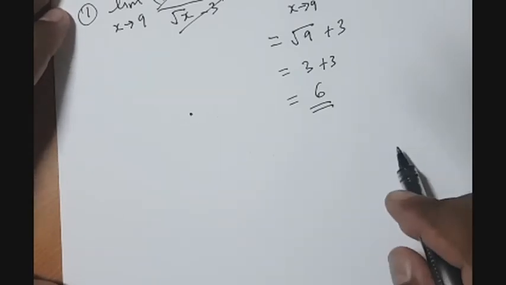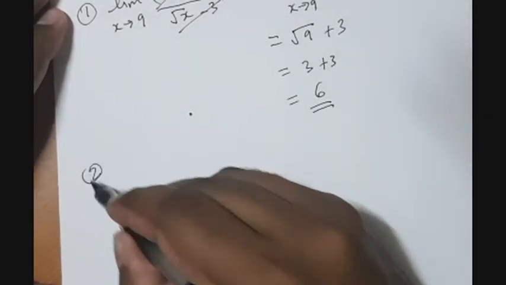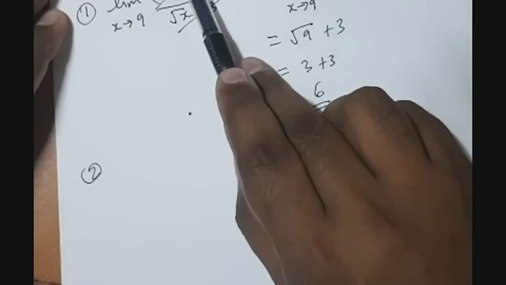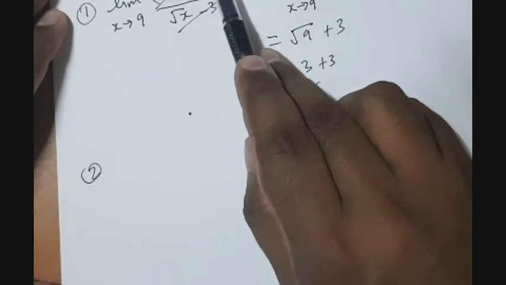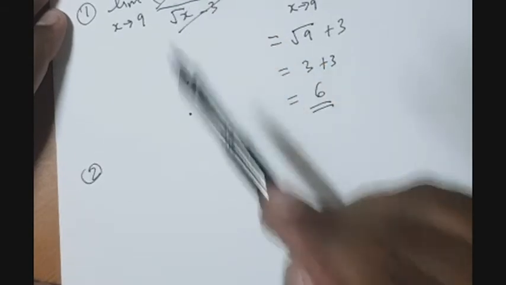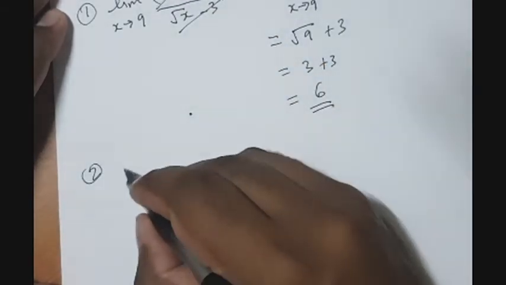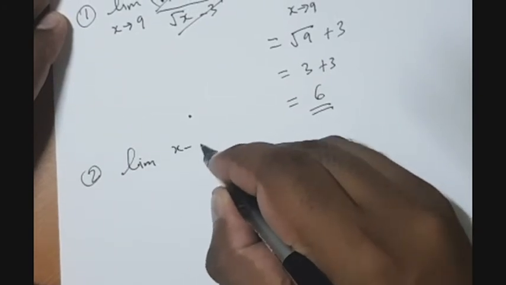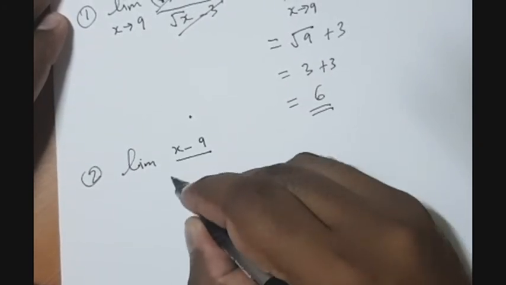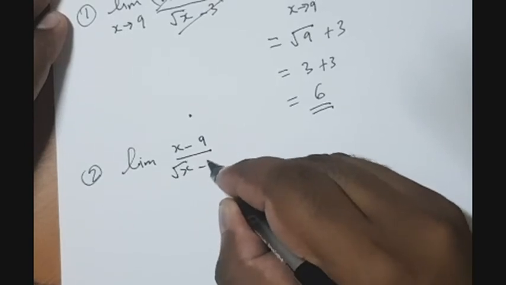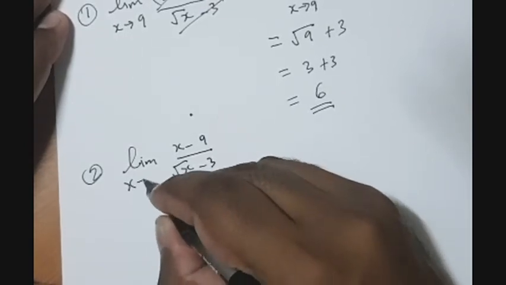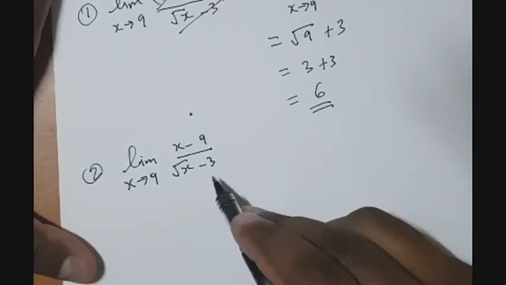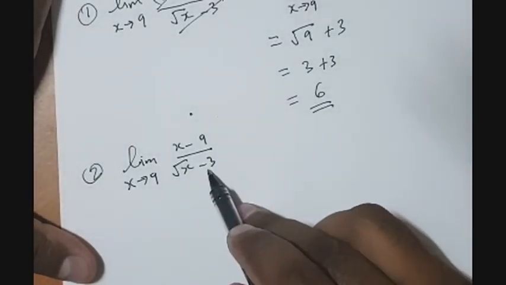Another way you can solve this problem is, if you consider your denominator has √x, we can rationalize our denominator. So we have the limit of (x − 9)/(√x − 3) as x approaches 9. Let me rationalize my denominator.